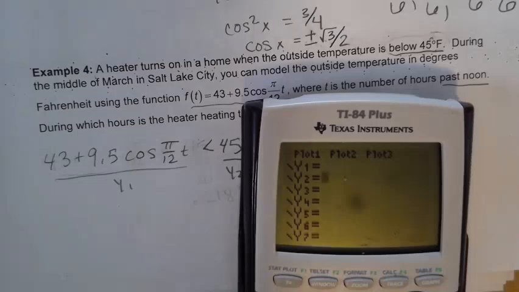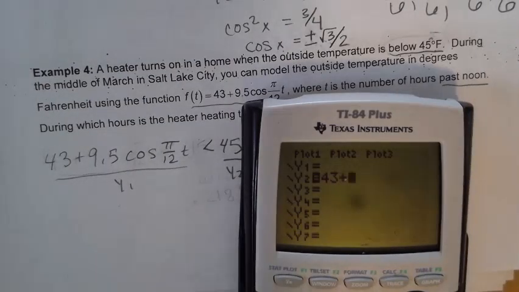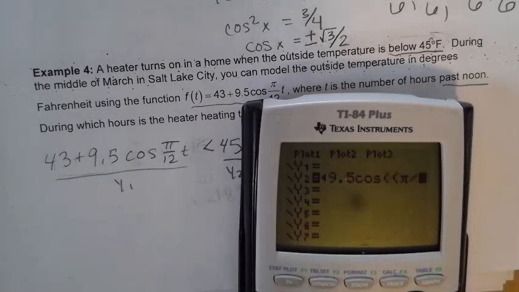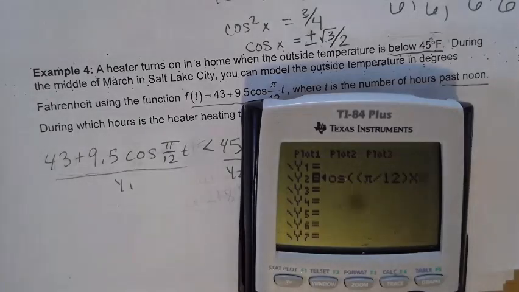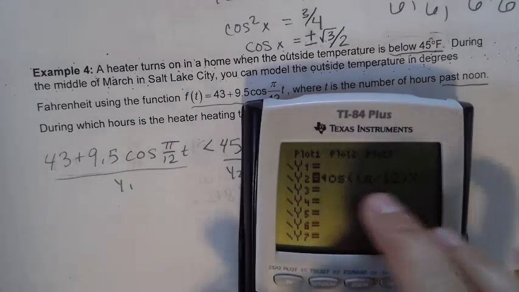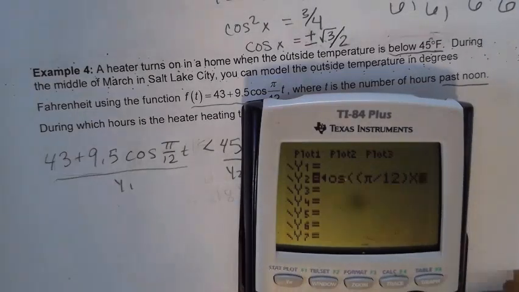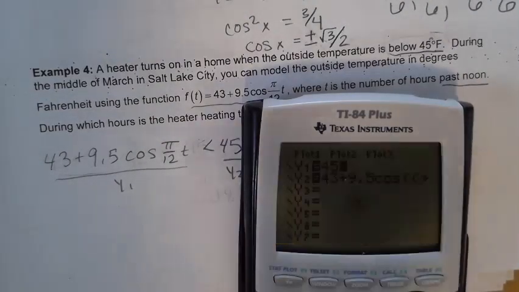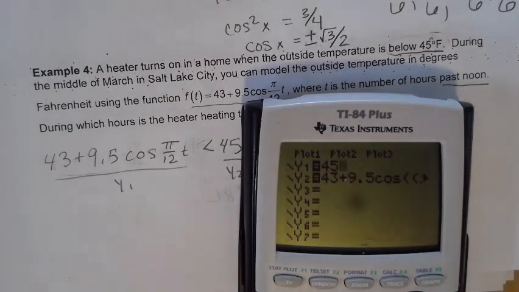So, 43 plus 9.5 cosine pi over 12. So I'm going to go pi over 12. And we don't have t, so we'll do x. So see how I put the parentheses around the pi over 12? Okay, and then I put that in Y2. It's okay. Either one's fine. And then 45.